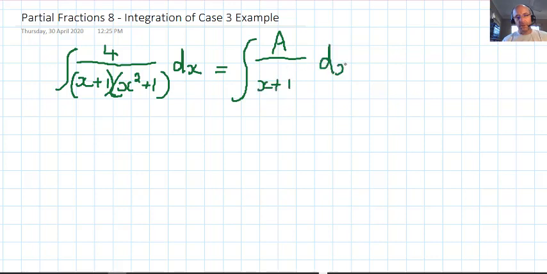And I'm also splitting them up into sums of separate integrals. So two integrands there.